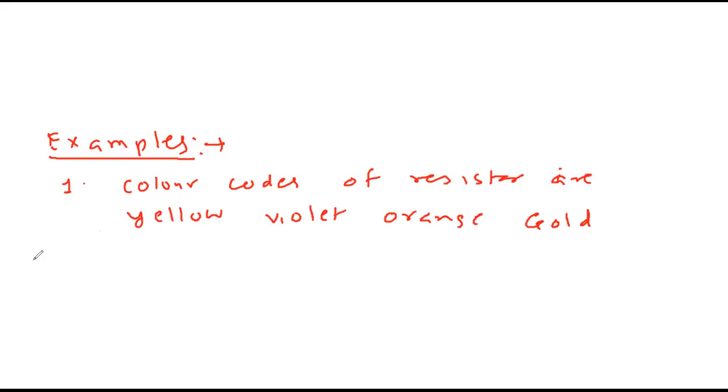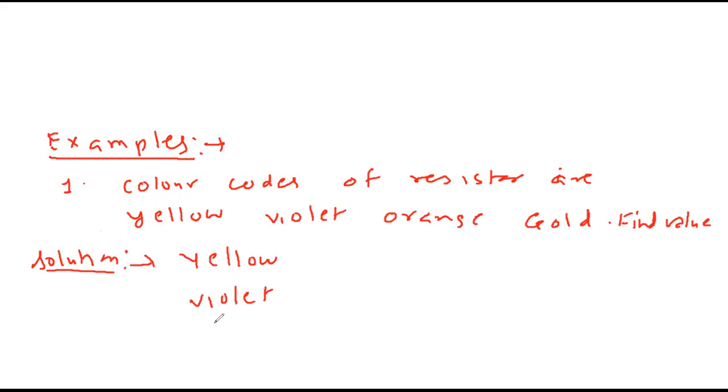We want to find its value. Yellow color, violet color, orange, and gold. These are four bands marked.